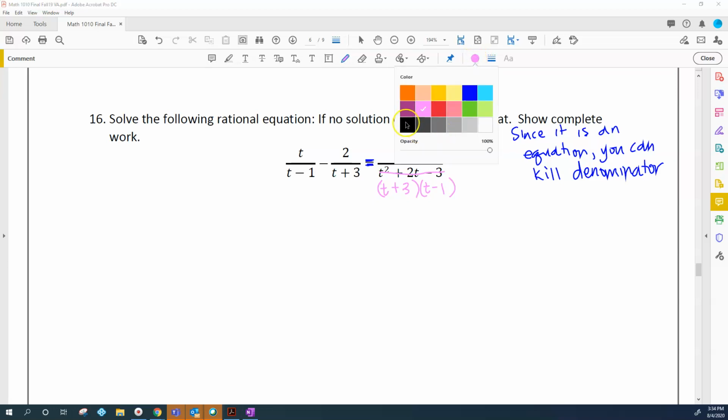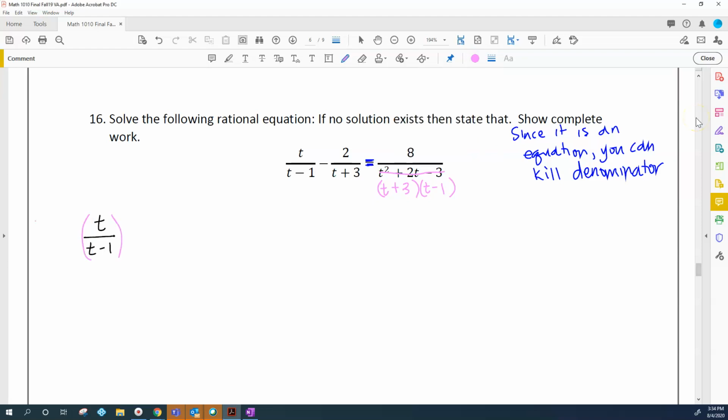So our LCD is exactly that, the t plus 3 times t minus 1. So I'm going to write down over here, I have this t over t minus 1, but I want to multiply that by the LCD, which is t plus 3 times t minus 1. I'm going to multiply everything by that LCD. My next part is that minus 2, but again, I'm going to change this to add a negative 2, so I don't forget about that little subtract sign. Like I said, that can be a real issue.